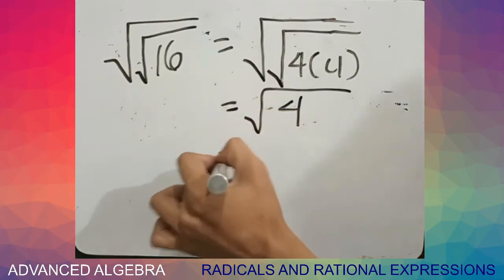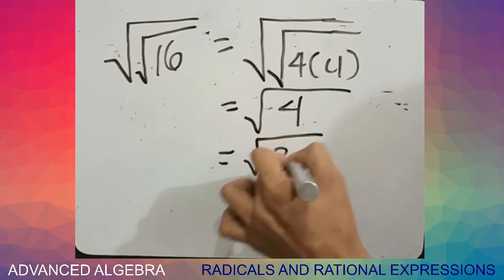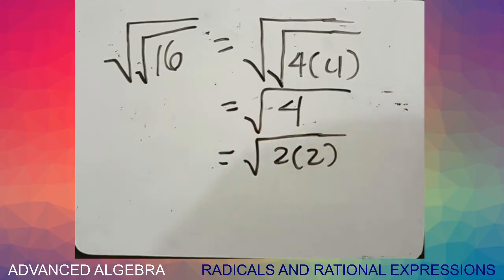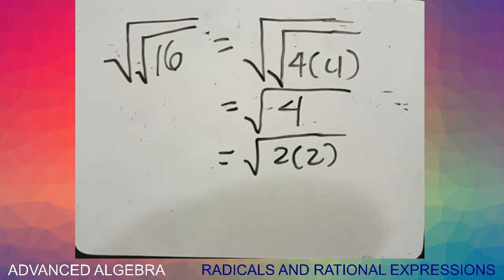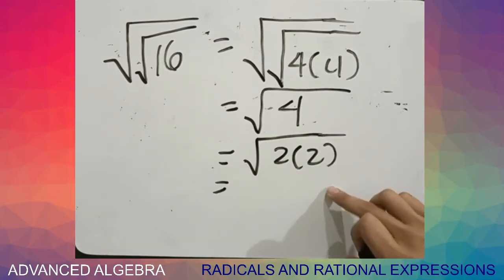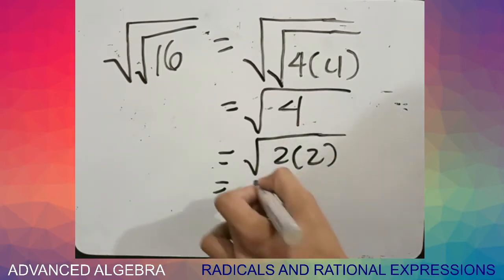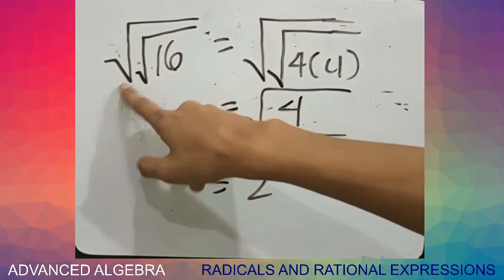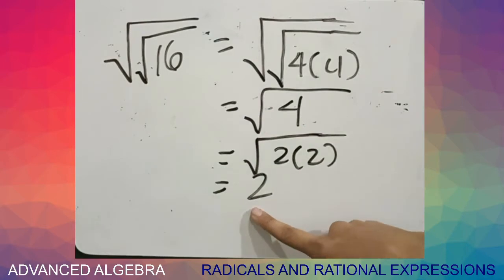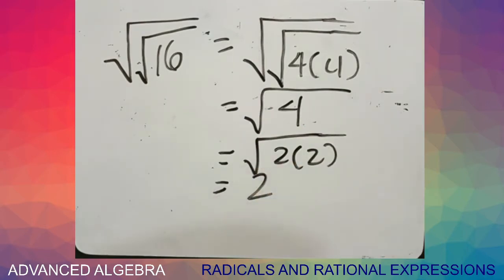So, next, factor mo ulit. So, 2 times 2. Diba? Kasi ito yung factor na makapaglabas ng perfect square root. Okay? So, ang square root ng 2 times 2, or ni 4, ay 2. So, na-eliminate na natin yung dalawang radicals. So, kailangan ma-eliminate yung ating radicals. Pero hindi sa lahat ng pagkakataon.